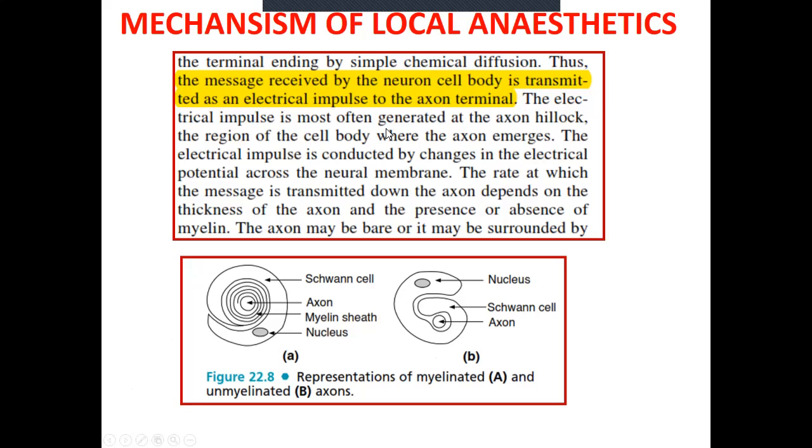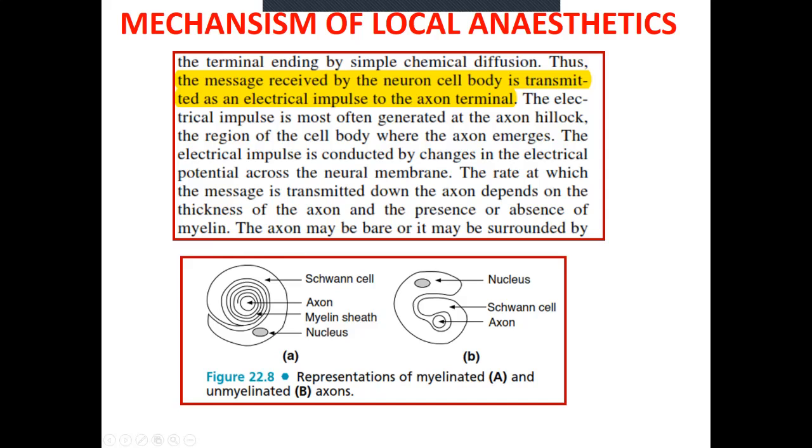So it generates at the axon hillock and is conducted by changes in the electrical potential across the neuronal membrane. The rate depends on the axon thickness and myelin sheath.